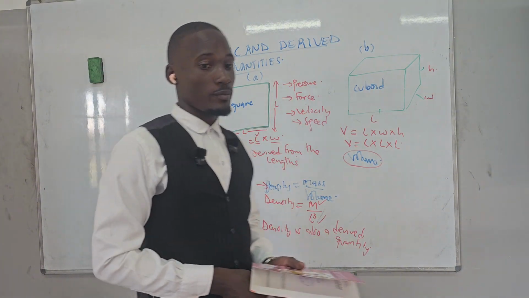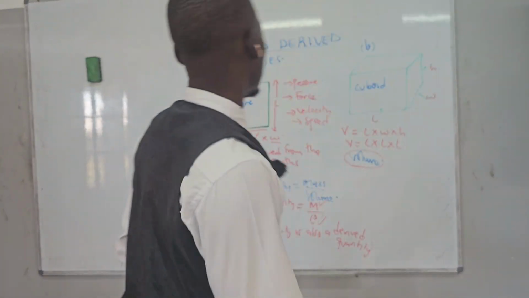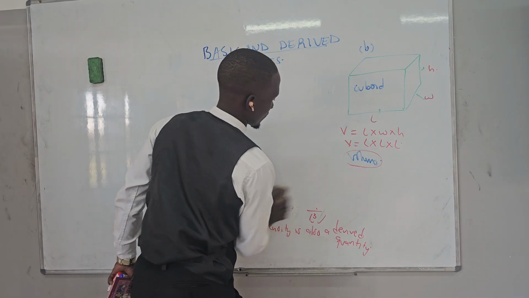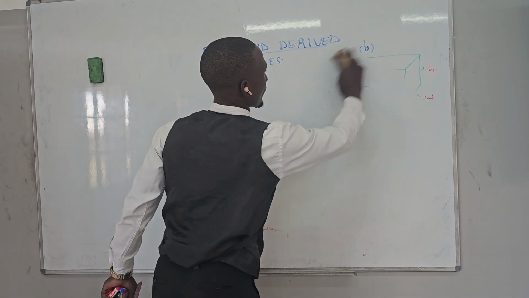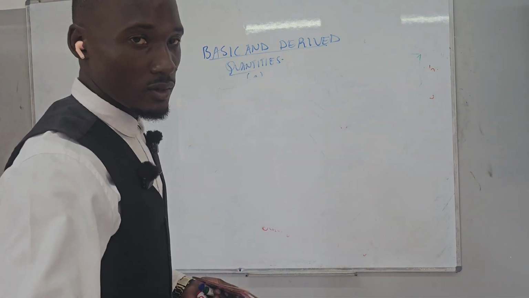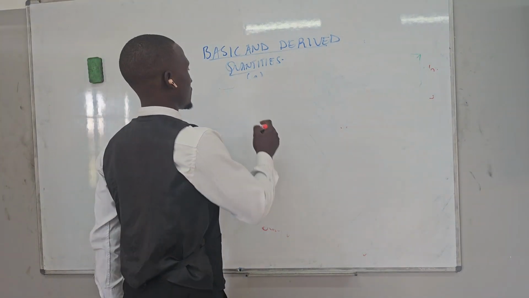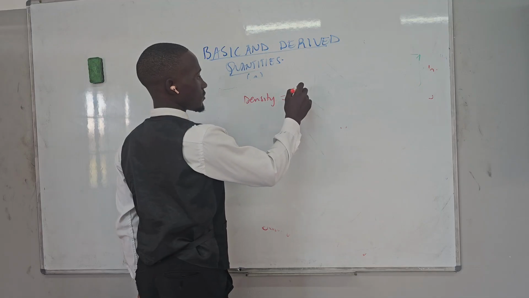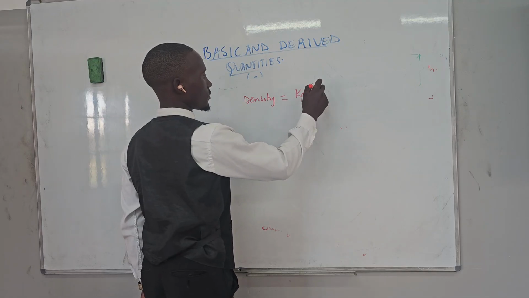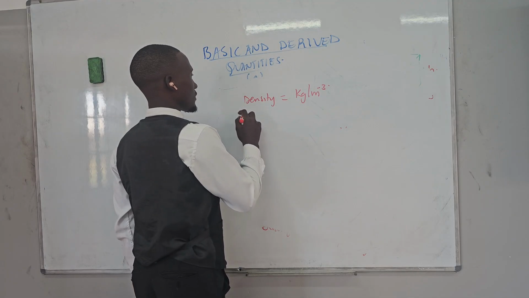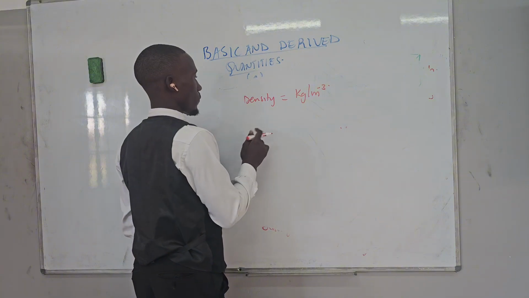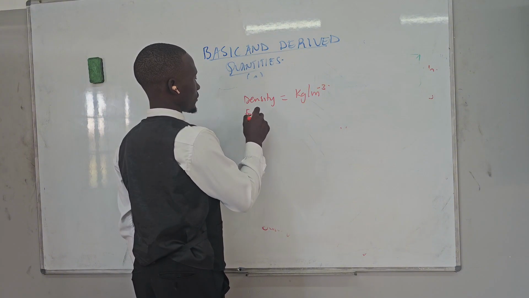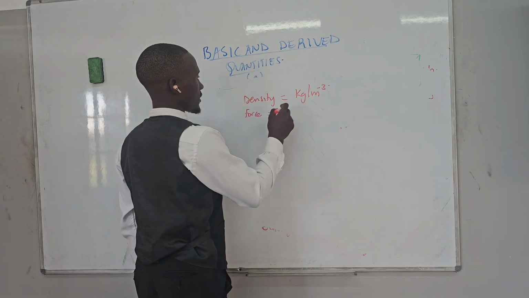For example, if you check at the units for density in the table, it is given as kilograms per meter cubed. If you check the units for force, it is given as newtons.